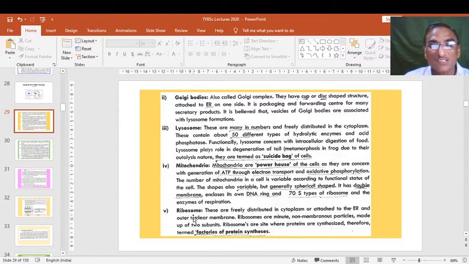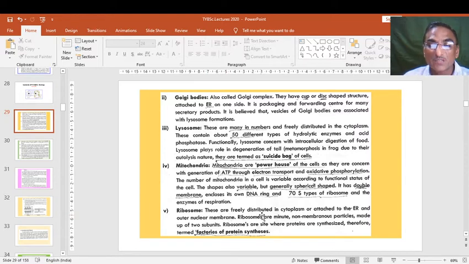Ribosomes. These are very small granular units and they take part mainly in protein synthesis, or we can term them factories of protein synthesis, because they are also in tremendous number and they help in formation of protein molecules by translation and transcription mechanism.